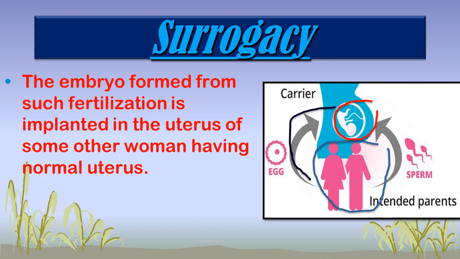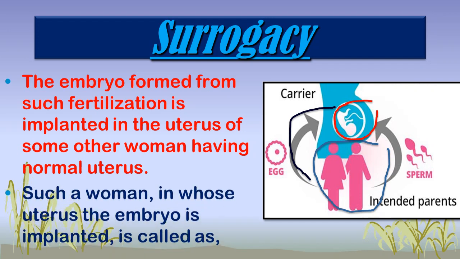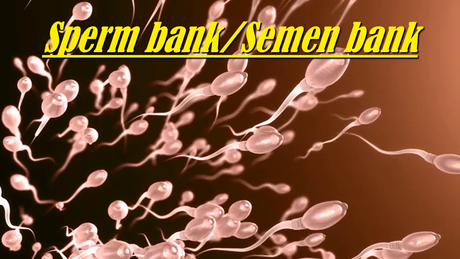The woman in whose uterus the embryo is implanted, who is helping the woman with the problem, is called a surrogate mother. So this is the technique of surrogacy, in which a woman can take help from another woman who has a normal uterus. Okay, now the next remedial technique is the sperm bank, or semen bank.